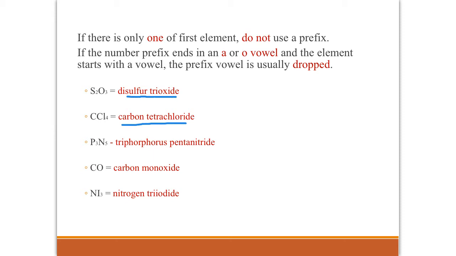P3N5 is triphosphorus pentanitride. So again, your prefixes are telling you exactly what is there. You've got a nice relationship between the name and the formula. Carbon monoxide: notice it doesn't say monocarbon, it just says carbon. We don't put mono if it's the very first element.